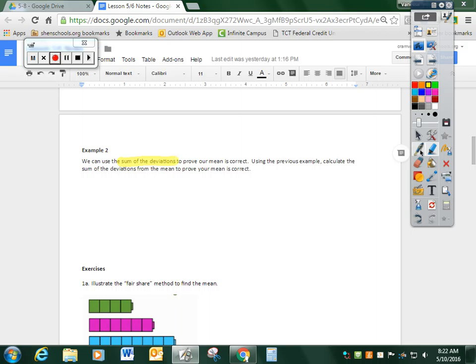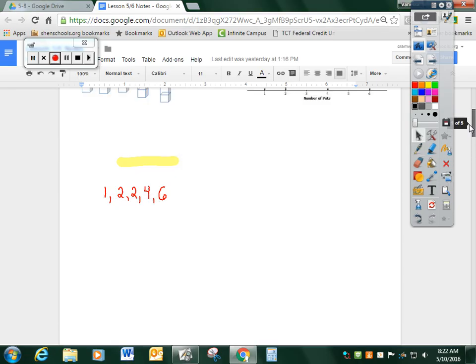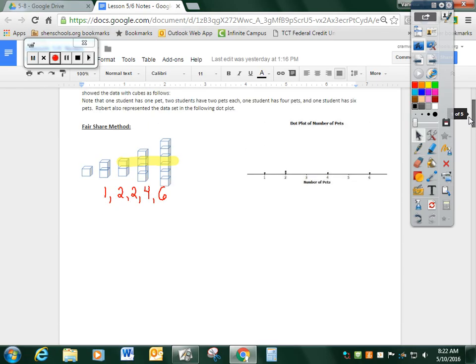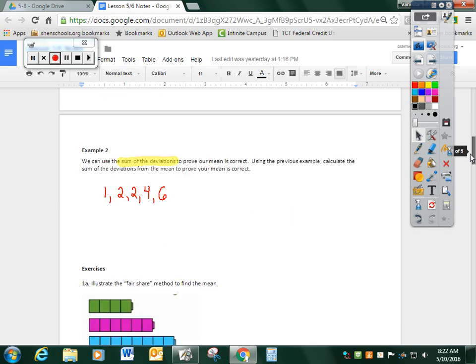Well, we had 1 person have 1 pet, 2 people had 2 pets, 1 person had 4 pets, and the other person, I believe, had 6 pets. Let me scroll up just to verify my data. 1, 2, 2, 4, and 6. Okay, great.